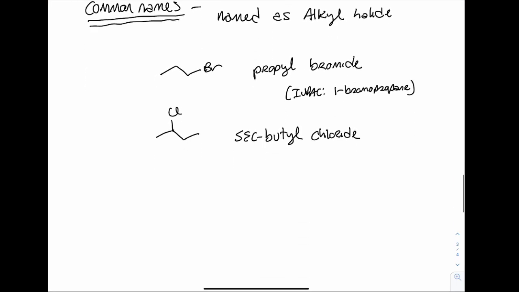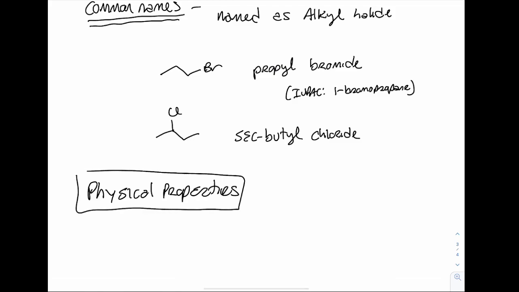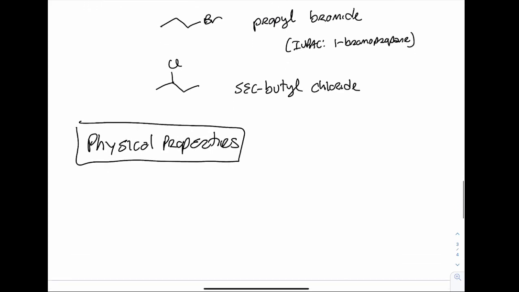Looking at some physical properties. So my alkyl halides are weakly polar. I do have a polar bond between carbon and that halogen.